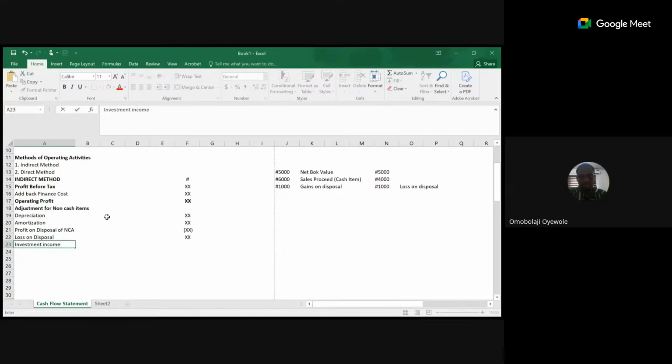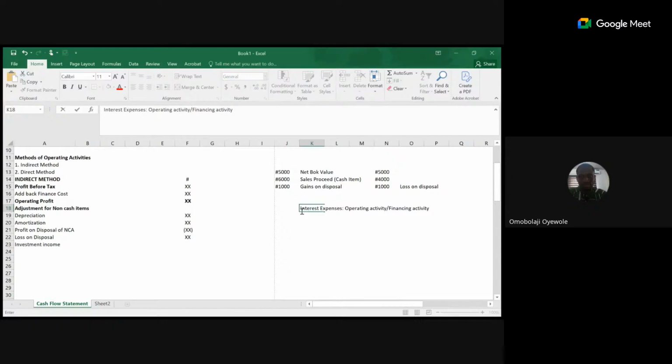Now, interest expense, according to the standard, is treated as either an operating activity or a financing activity.